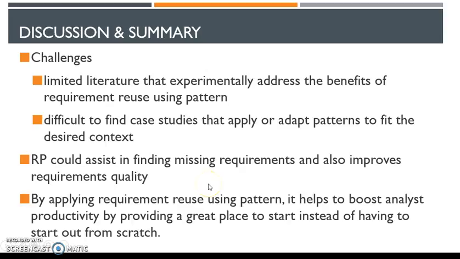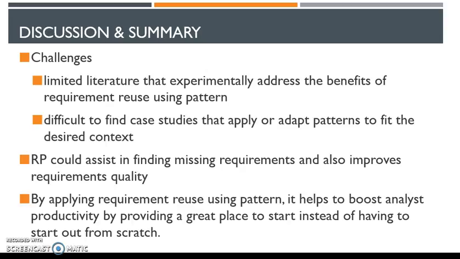Some discussion points and summary. First, in terms of challenges, we found that there is limited literature that experimentally addresses the benefits of requirements reuse using patterns, and it is difficult to find case studies that apply or adapt patterns that fit the desired context.